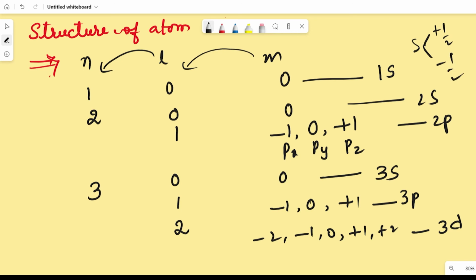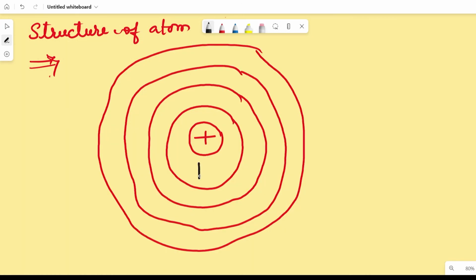I think this is more than enough information. And the final topic: K shell, n equal to 1; L shell, n equal to 2; M shell, n equal to 3; and N shell, n equal to 4. For the K shell only the 1s orbital is there, and only 2 electrons will come. For the L shell, the 2s orbital and 2p orbital.